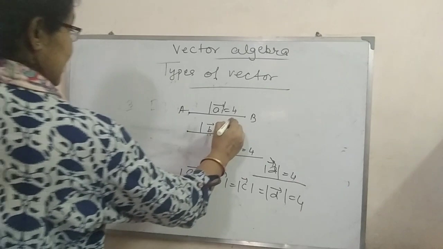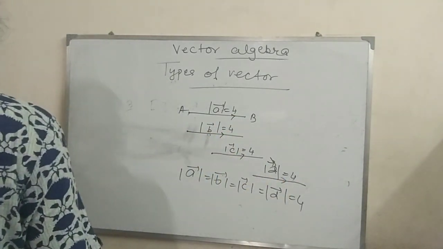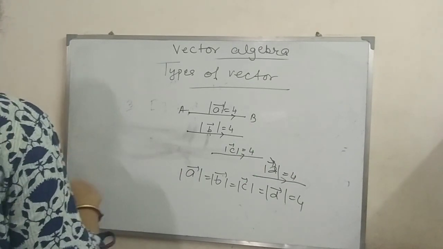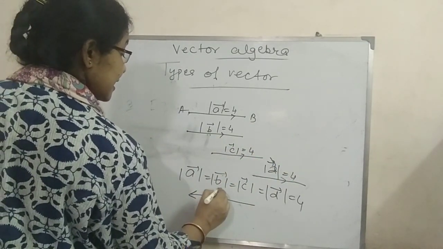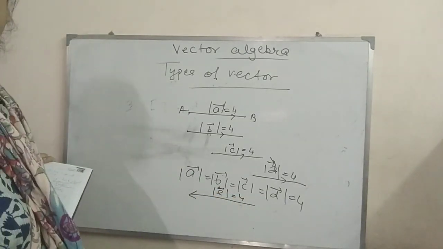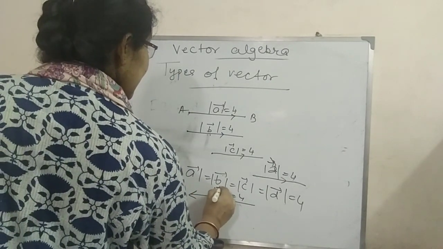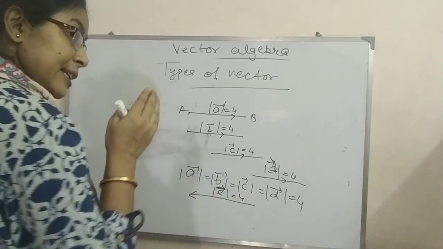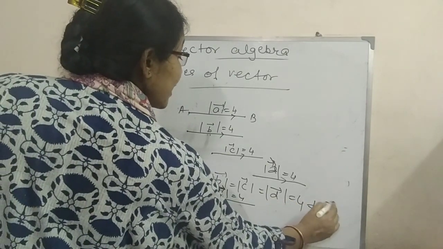Okay. But if I write E equal to 4, the magnitude is the same, but the direction is negative. So this is not equal to vector E.